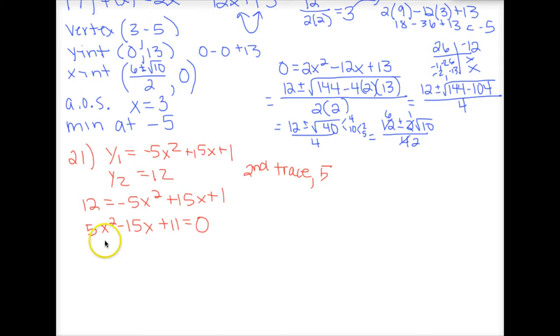So your choices, you could either solve this by completing the square or the quadratic formula. It is not factorable. So if you solve it all the way out, you should get 15 plus or minus radical 5 over 10. So yes, there are two real solutions. They're irrational, but they are real solutions.